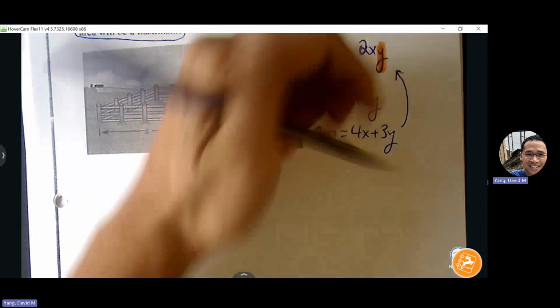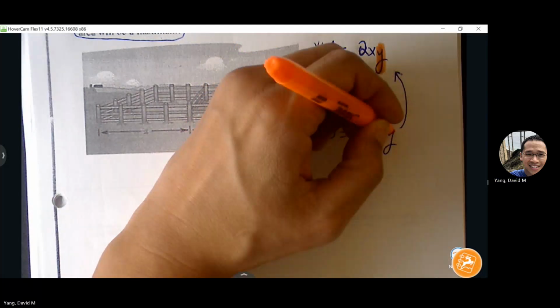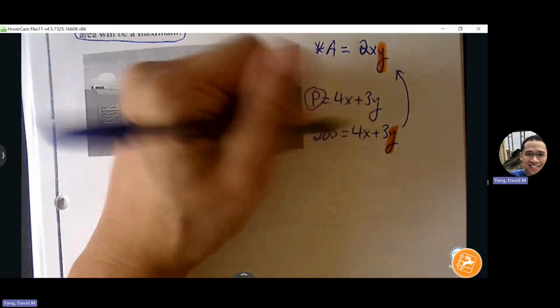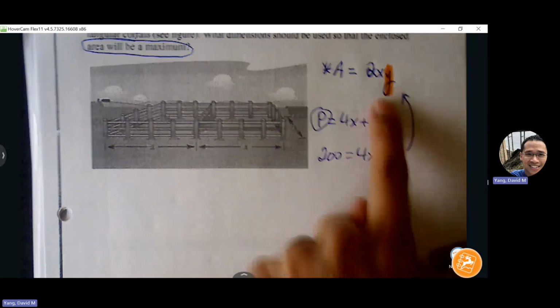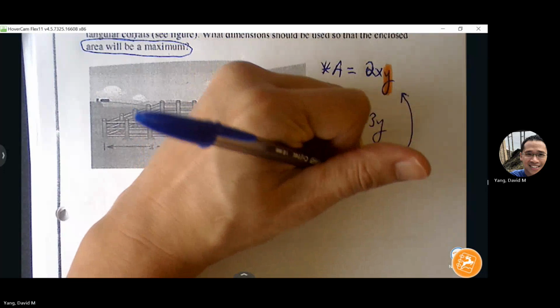So I'm going to target the y variable to replace. So I need to find a replacement for y. So I'm going to solve for y here. Okay, how can I solve for y with this equation? So I can put that in here. Okay, good. Right, 4x. And then we can divide.